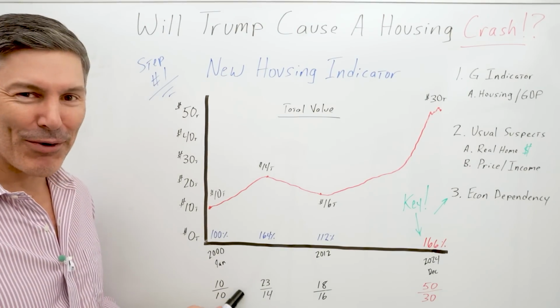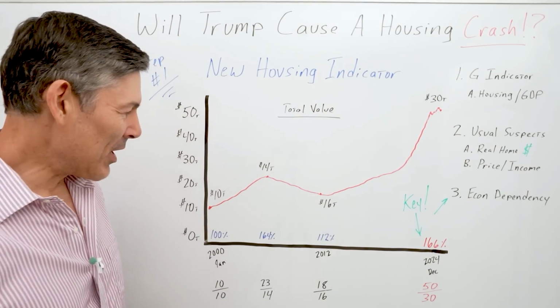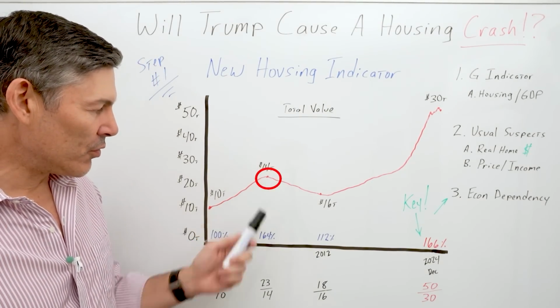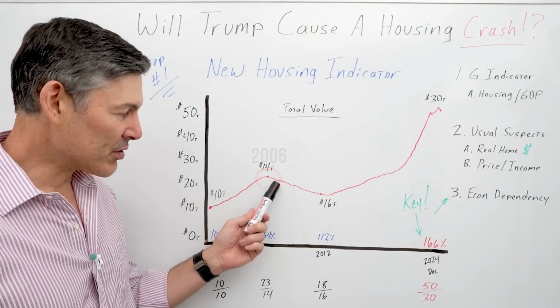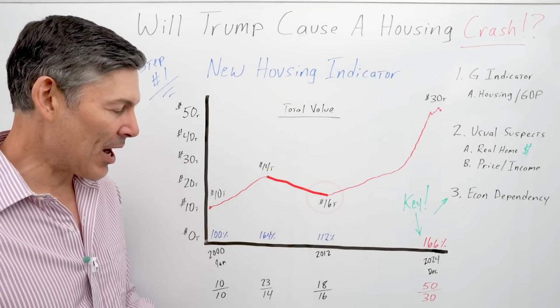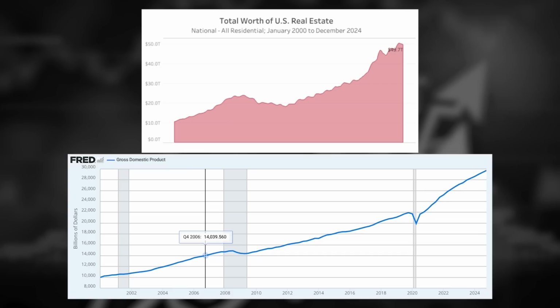If I'm doing the math right, I'm probably doing it wrong. But then we go over to the bubble. You guys know prior to the GFC, 2006, that's when home prices were at that peak before we started to see the crash to where they bottomed out in 2012. But at this time, the GDP of the United States, right around 14 trillion, but the market cap of housing was, call it 23 trillion, right here.